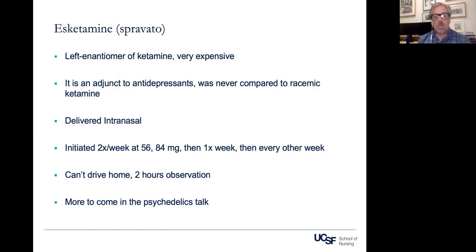The way it's dosed is that you give it twice a week for the first week, I believe, then you go to once a week, and then every other week. The person has to stay in clinic and be observed for 2 hours after the insufflation. We'll talk more about this in a later module.